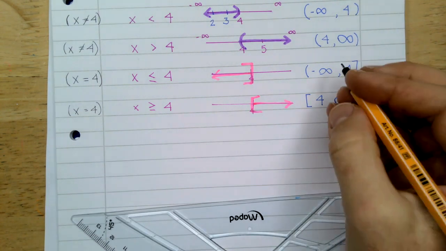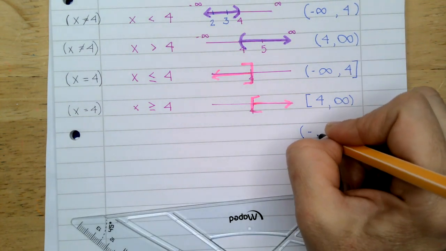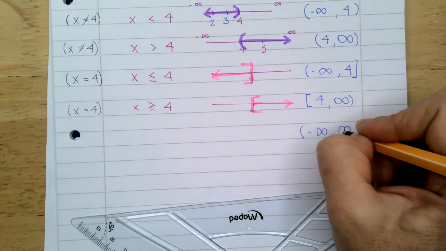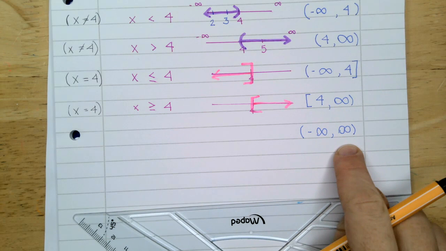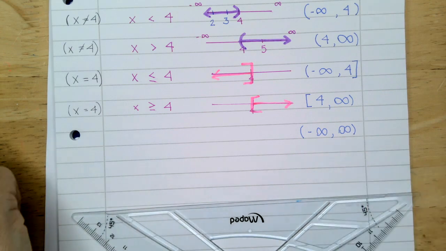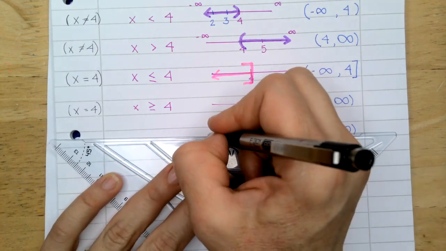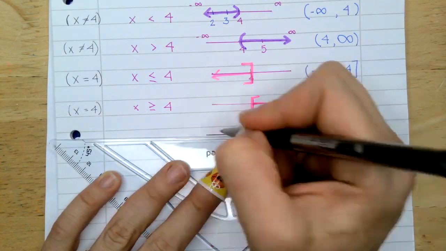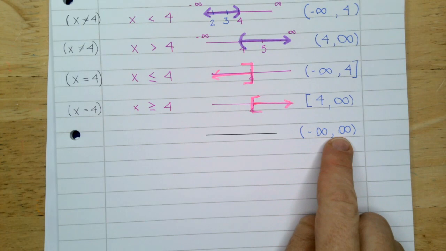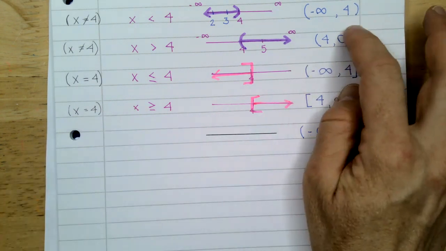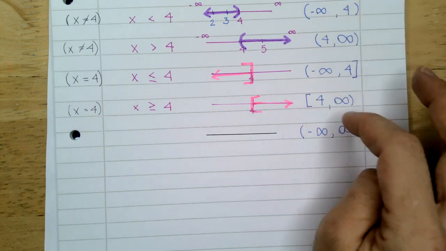Notice that infinity will never have a bracket. It will only ever have parentheses. Infinity isn't a number that we can include or exclude. It's just forever, right? Forever negative, forever positive, forever in both directions. So it gets parentheses, it never gets included.